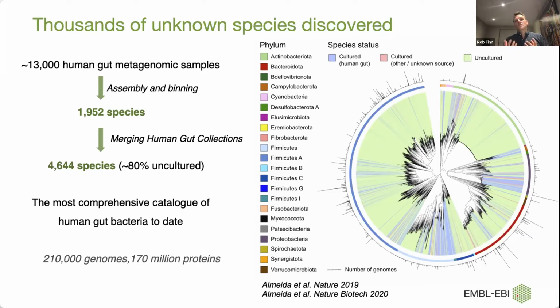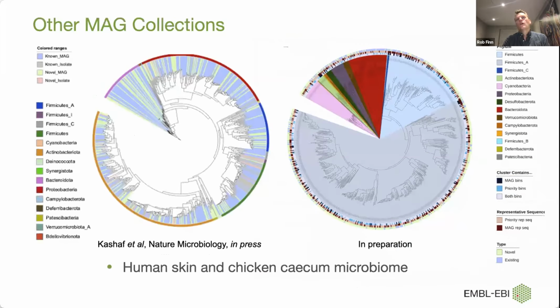So this is fairly substantial, but it also illustrates the novelty of generating prokaryotes. We're generating more and more MAG collections, these metagenome-assembled collections, where we go into individual environments and pull them out. We have a skin collection that's come from the research team, and we also have another collection coming from chicken cecum microbiome.